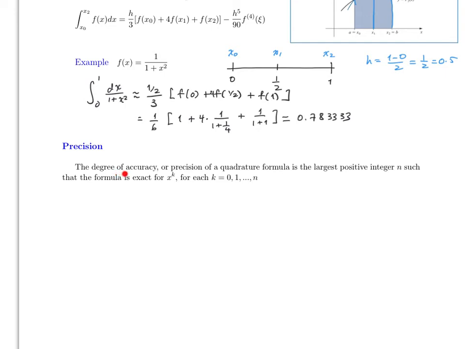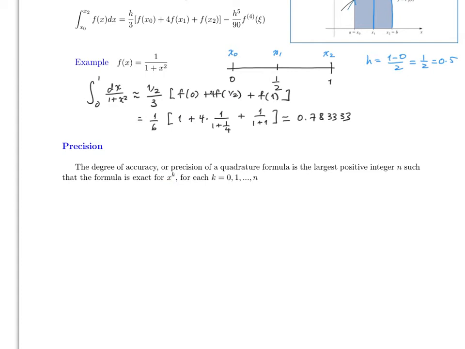So the degree of accuracy or precision of a quadrature formula, remember all of this is a quadrature formula. The trapezoid is a quadrature formula too, and technically we'll have many of them, is the largest positive integer n such that the formula, which will be this, or the trapezoid, is exact for x to the k.